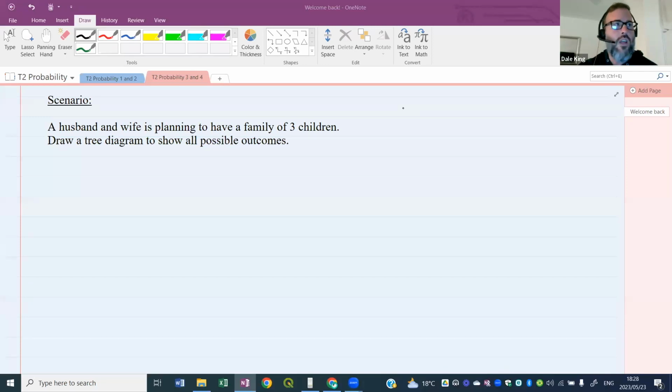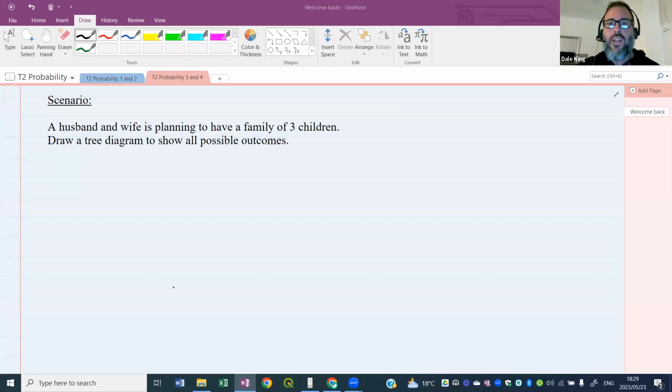Well, think about this. You're going to have one child. The first child. What are the possibilities? You can only have a girl or a boy. That's fine, Bianca. You can have a girl or a boy. Those are the two possibilities. So those are the first branches of your tree. The hard part about a tree diagram is how to space it.